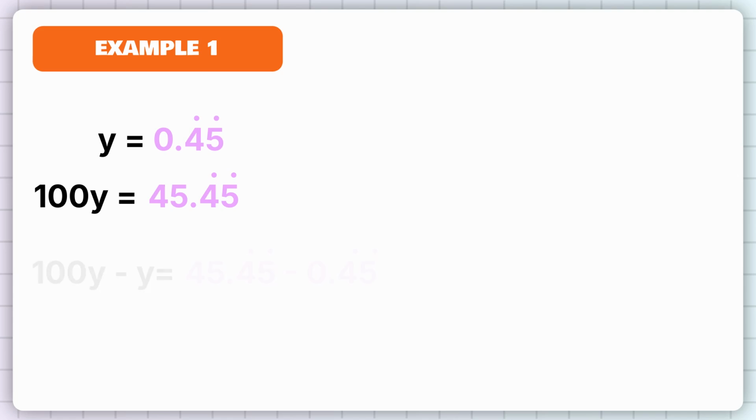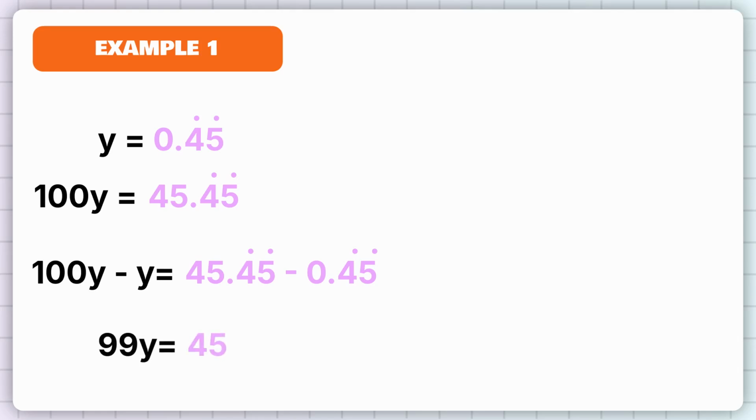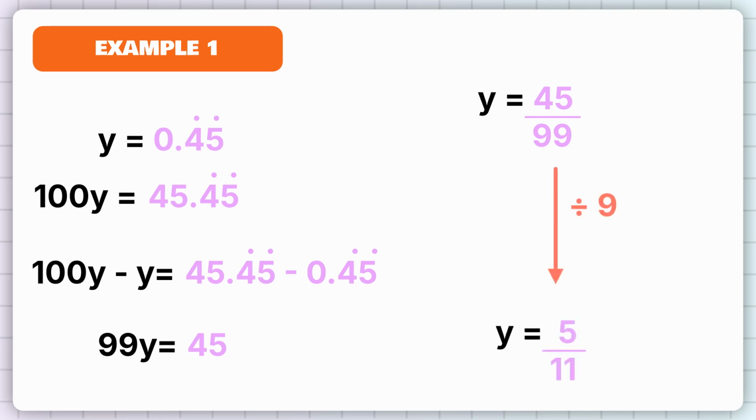This leaves us with 100y minus y equals 45.45 recurring minus 0.45 recurring. Simplifying, we get 99y equals 45. We can now solve for y, which gives us the fraction 45 over 99. This simplified is 5 over 11. So 0.45 recurring is 5 over 11.